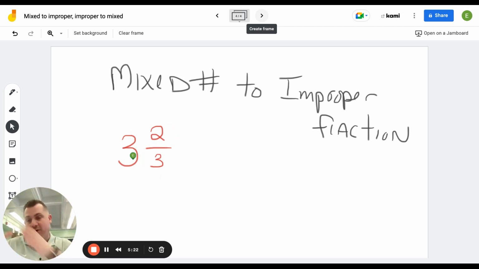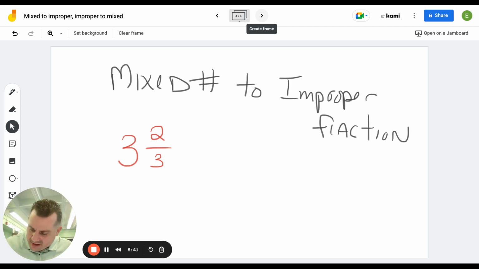They're mixed together. Whole and fraction mixed together is a mixed number. Now, I like doing this because this is the swooping around method. So to swoop around, I have 3 wholes and 2/3.